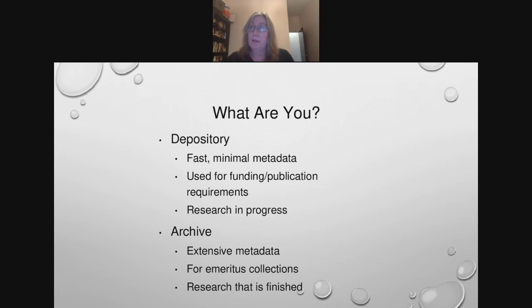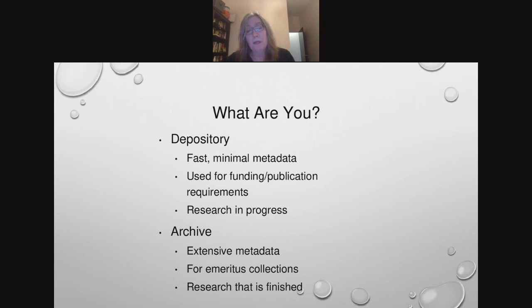We went in to every meeting with a researcher with a very scripted, very detailed presentation about our repository. And we tended to take the view of what I would call a data archive. Very extensive metadata, asking for a lot of history, asking for a lot of context. And that takes a lot of work, and it's very slow.